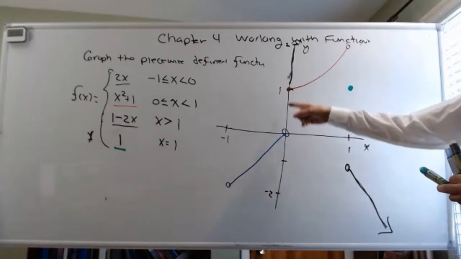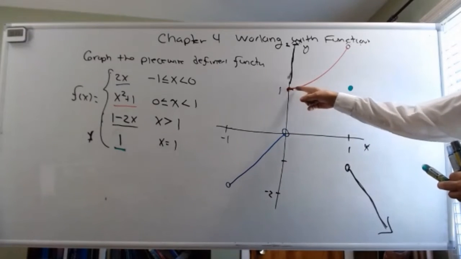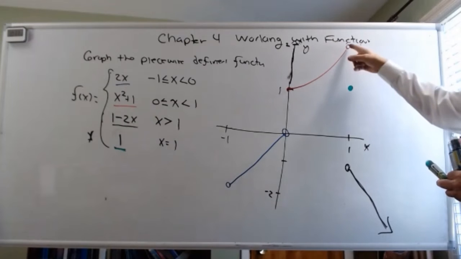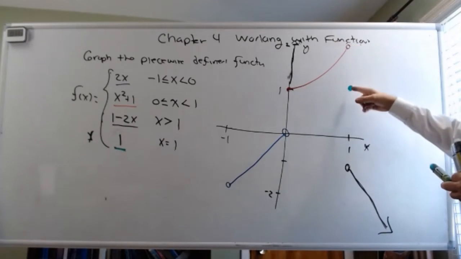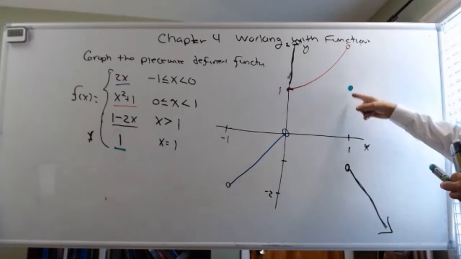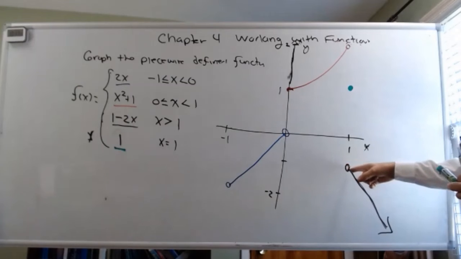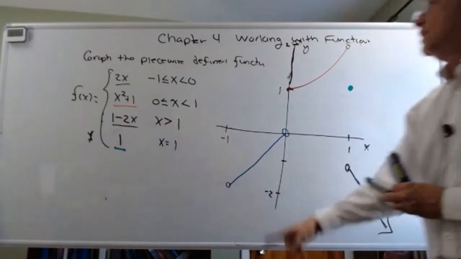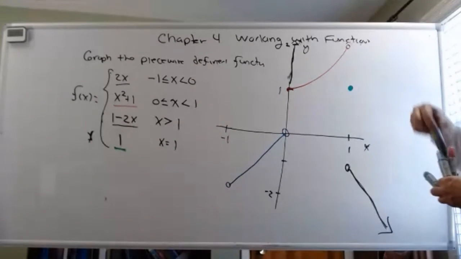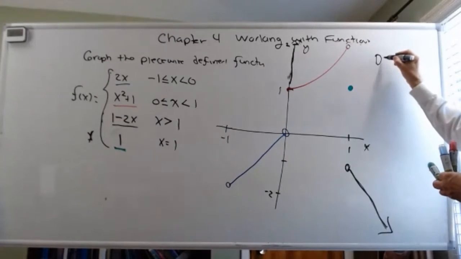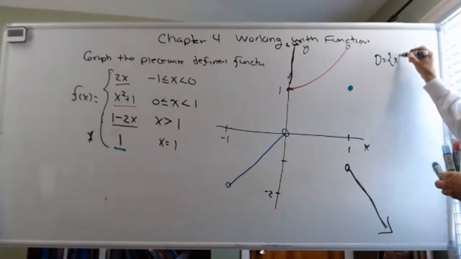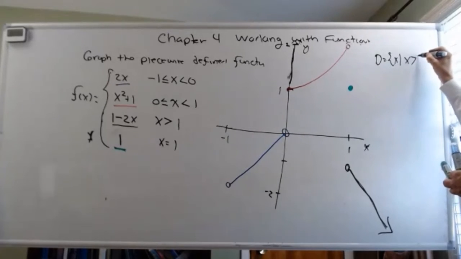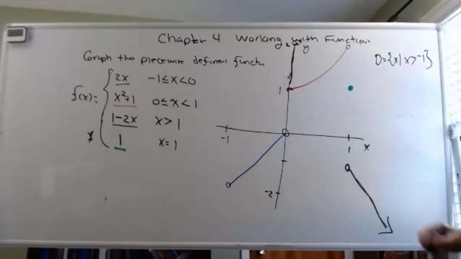It is defined at 0 because that's shaded in. It's also defined at +1, but it's not that value. It comes down to here. And then if they go from 1 to infinity, it is further defined by that function. So the domain of this function, as you can see over here, that of all elements x, is x greater than -1.